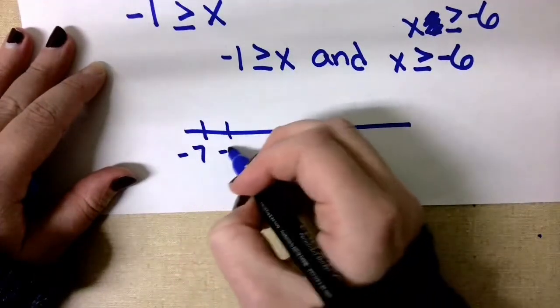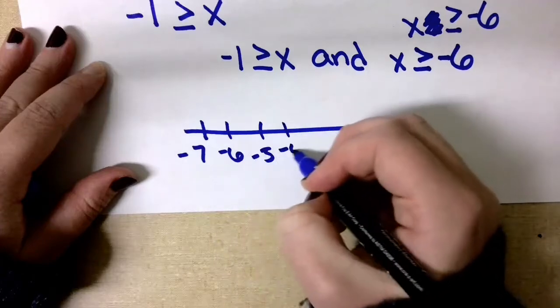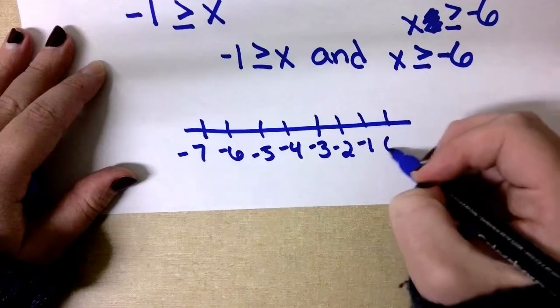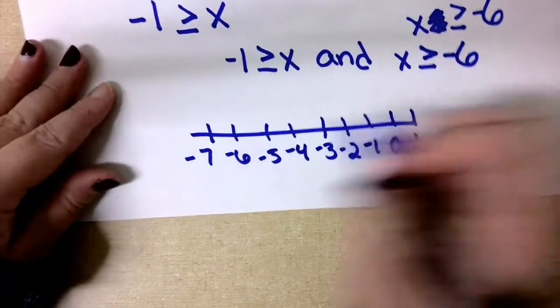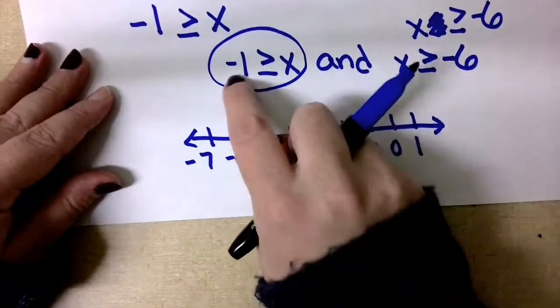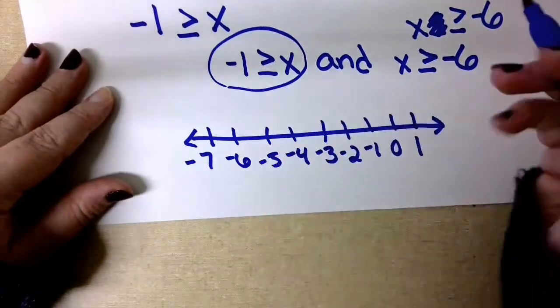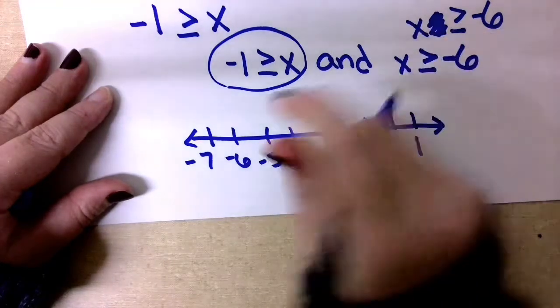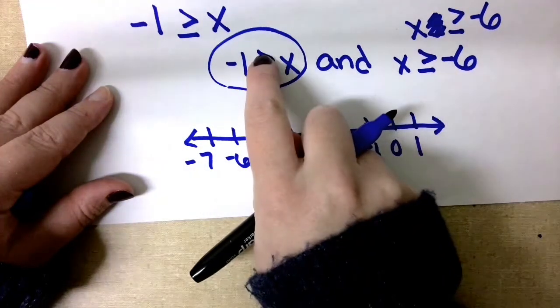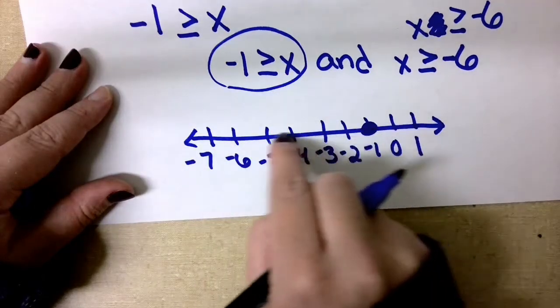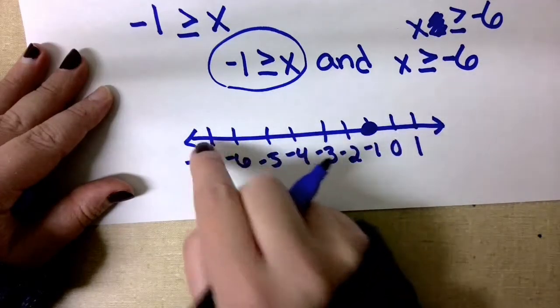Negative 7, negative 6, negative 5. I'm going to graph this one in blue. So go to negative 1, and I'm putting a closed circle at negative 1. Negative 1 is greater than or equal to x, so all the numbers to my left are less than negative 1.